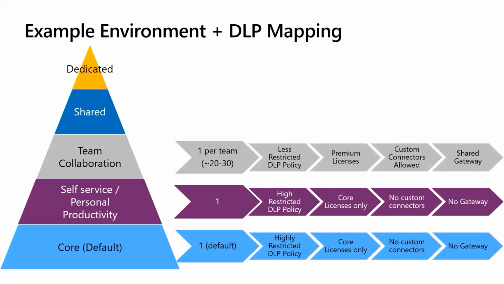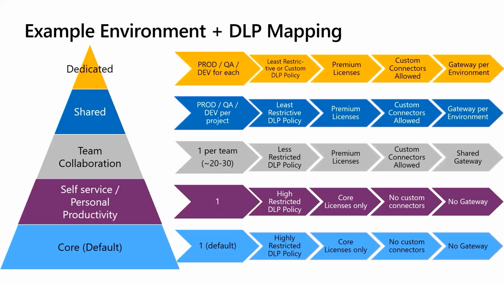So once you've chosen your sample environment classification that ties in with the tiers of applications, the third step is to map DLP policies, data loss prevention policies, to the specific environments. So the default or personal productivity environments that are for the general purpose productivity apps, they often, or they should, be associated with a very restrictive DLP policy.